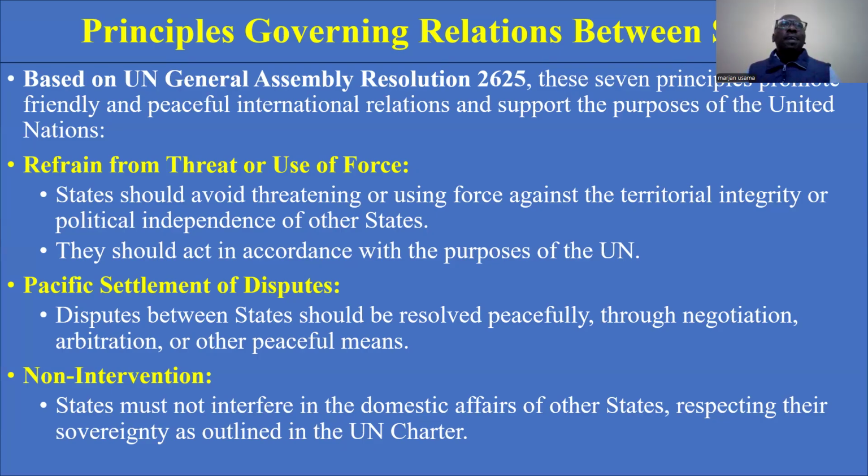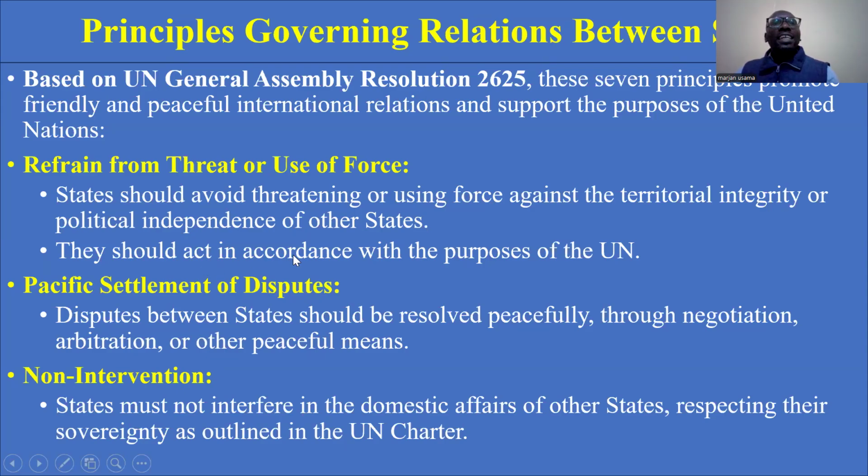So for example, for Somalia and Ethiopia, how should they relate to each other? What are the principles guiding them? So number one, refrain from threat or use of force. What is the meaning of this? States should avoid threatening or using force against the territorial integrity or political independence of other states.